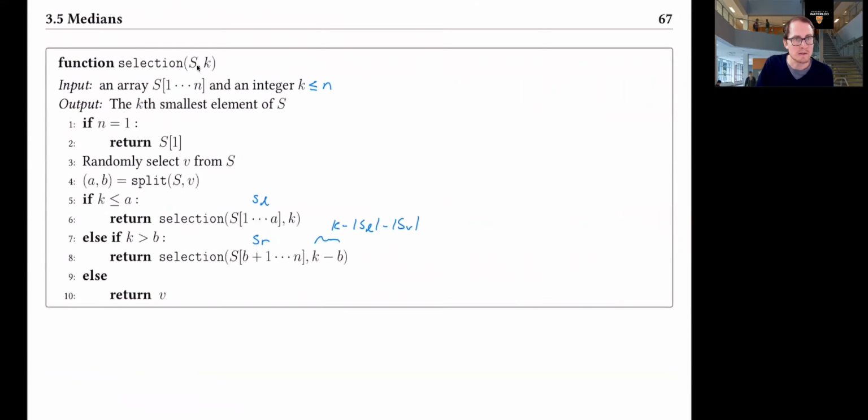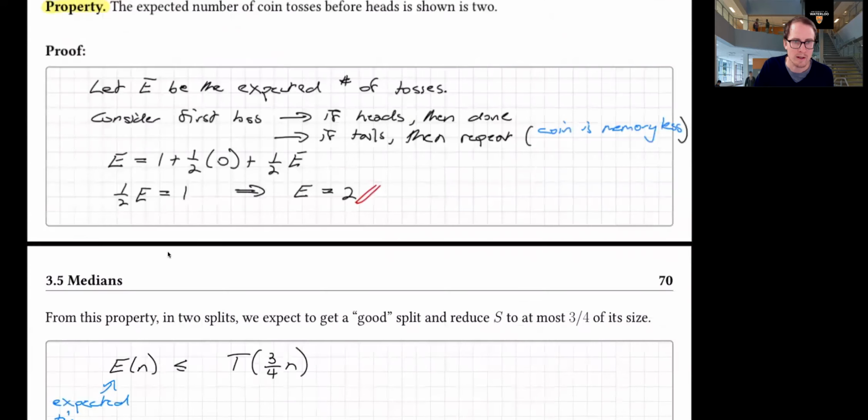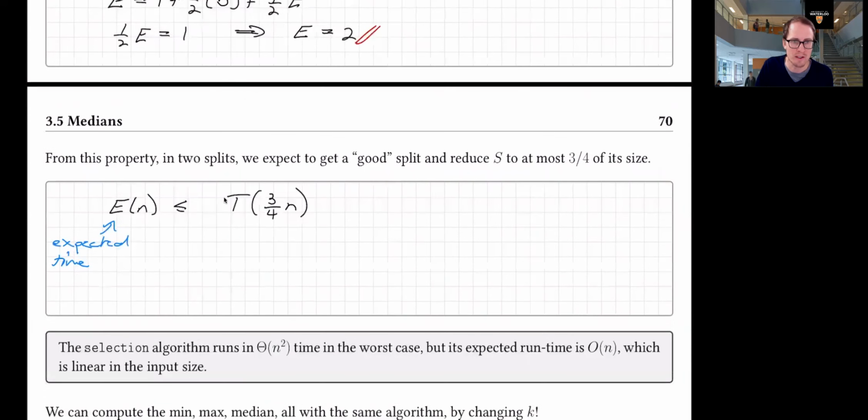So selection, S K, only makes one recursive call. It makes a call to search S left if K is less than or equal to A, and it makes a call to search S right otherwise, right? So we only make one recursive call. That's why down here there's a 1 out in front. The call searches an array of size at most 3/4 of n. That's why I'm writing less than or equal to here. And then plus big O of n. And so this is the time on the smaller array.